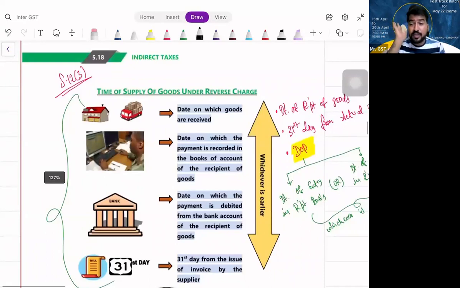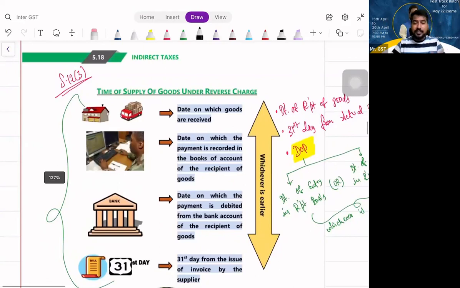Actual date of invoice. What should I compare? 31st day from the date of invoice, actual date of invoice. Clear? Right. And finally, what do I have to compare? Our favorite thing, date of payment.